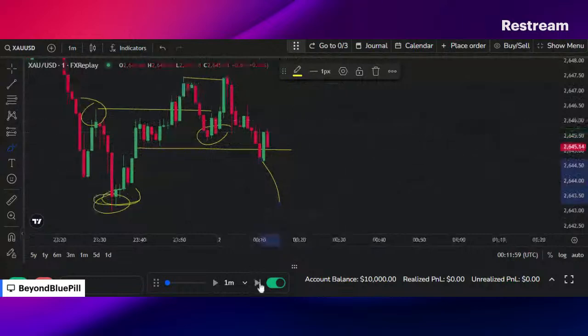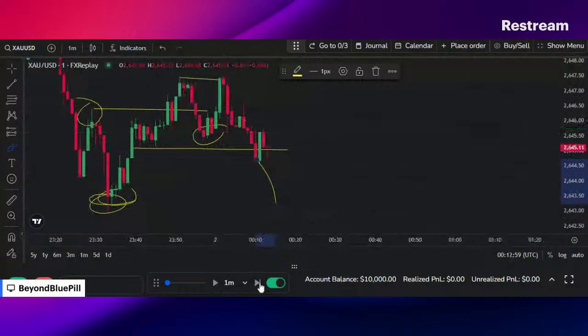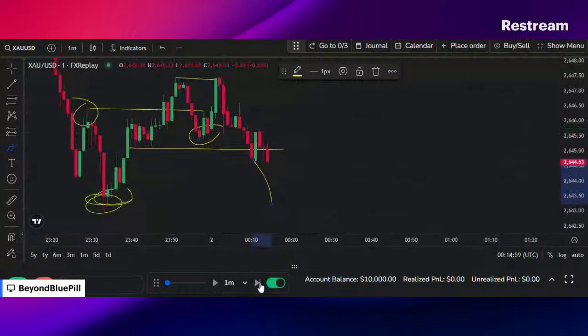Didn't get me. Alright. So it failed to give us a valid low, and we have our narrative. Looks like we don't have a low.